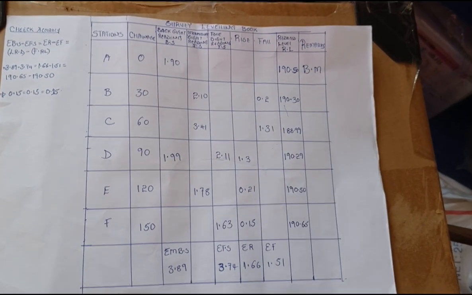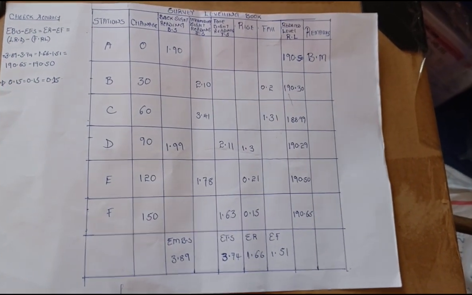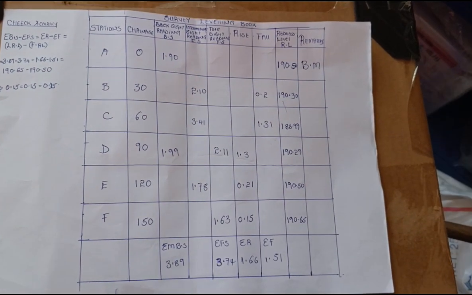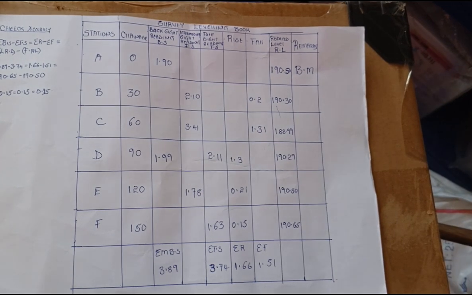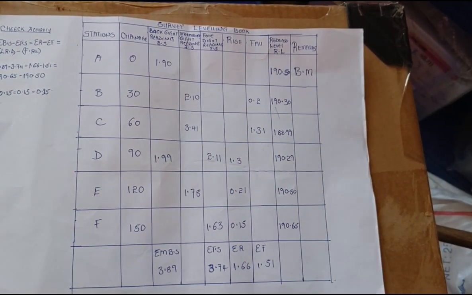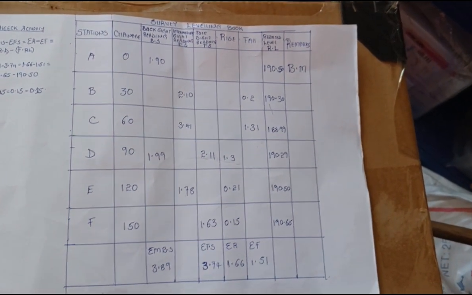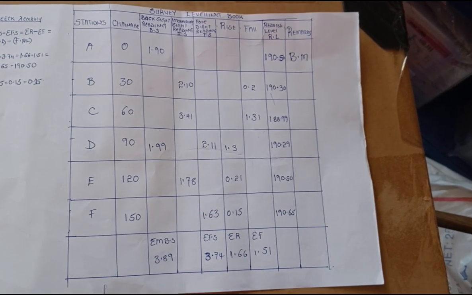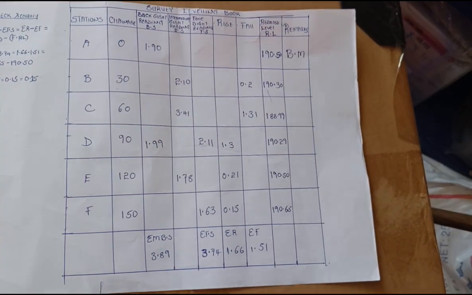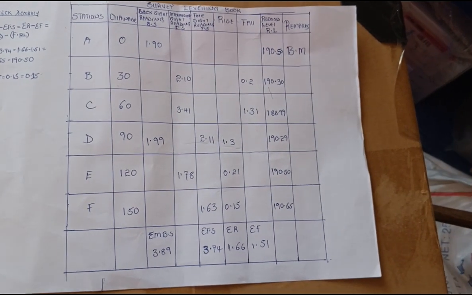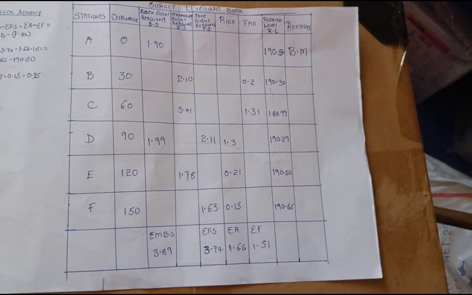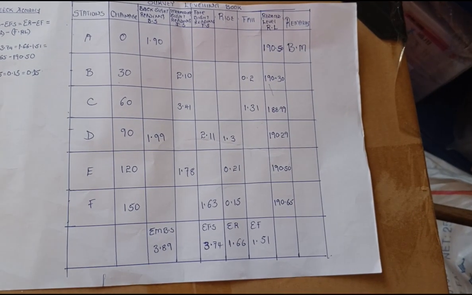So what happens whenever you enter your chainages, that is from 0 to 150, you have to ensure that you have a consistent gap in between the two chainages. Like this one, it's a constant change of 30. After appropriately stationing your instrument and leveling it, you now start recording your readings.